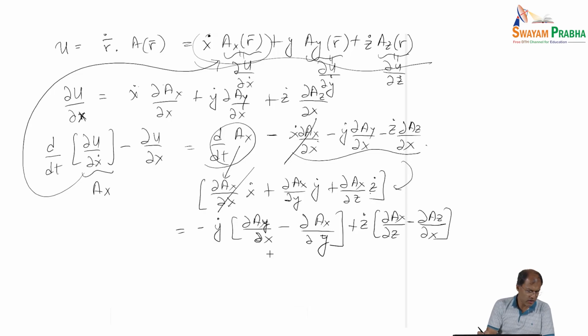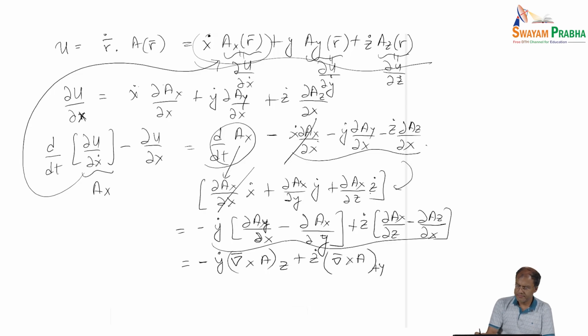Right? So those are the four terms remaining, and we can write these four terms in the more generalized vector form notation, and this is minus y dot times del cross A of z plus z dot of del cross A of y.